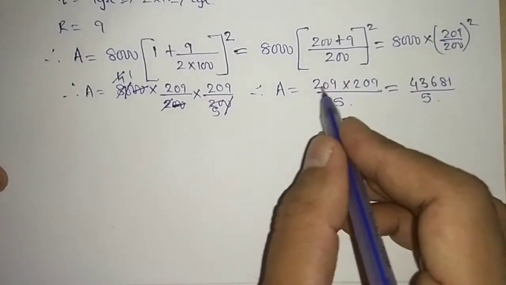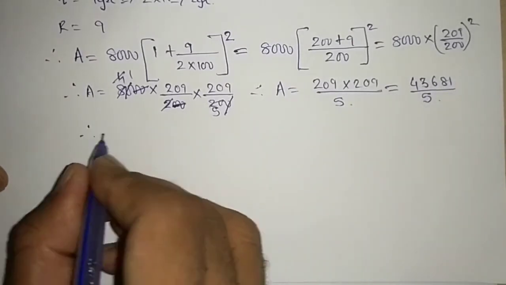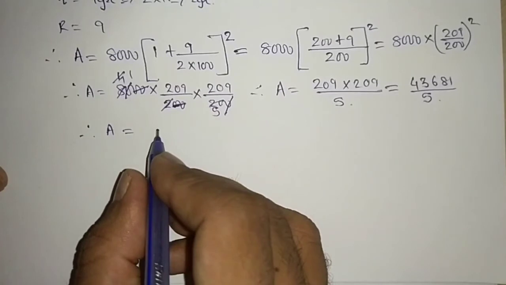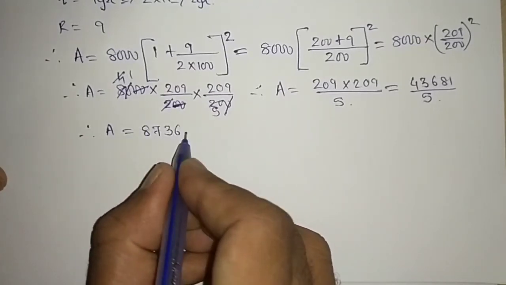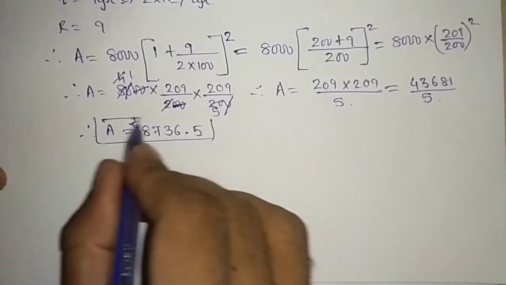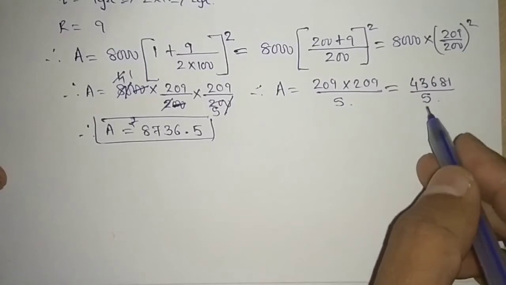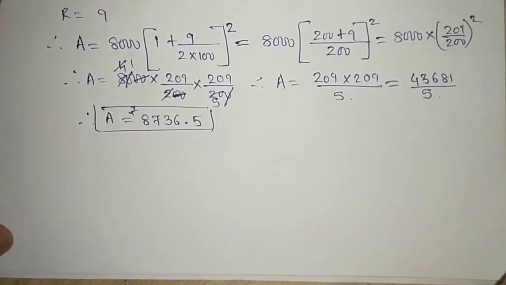This calculation you have to do on your own and divide it further. You will get amount is equal to 8,736.5. This multiplication portion and division portion you are supposed to do as we are doing it from 3rd standard.